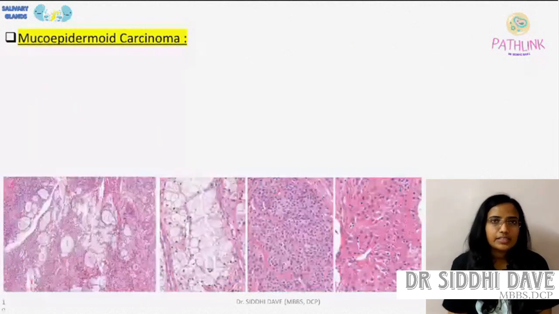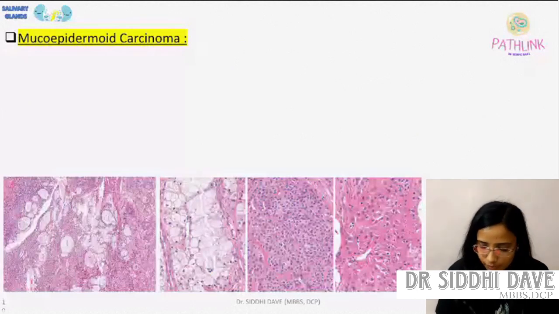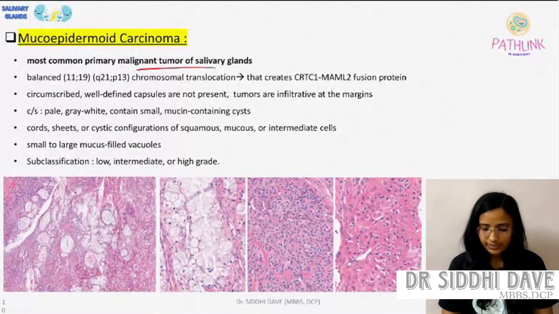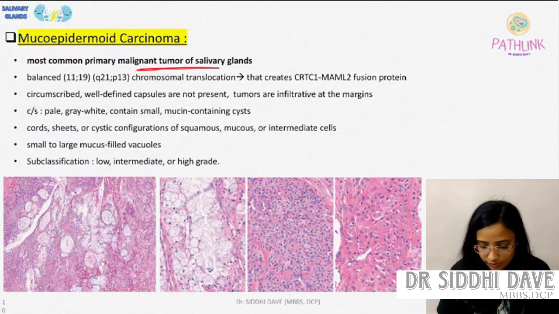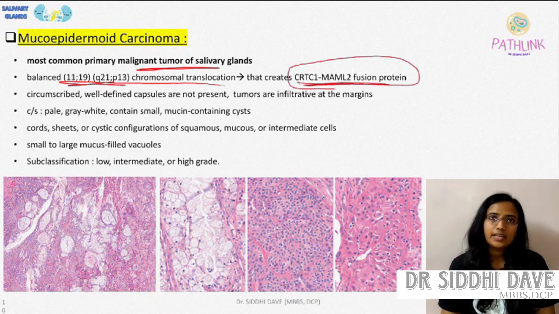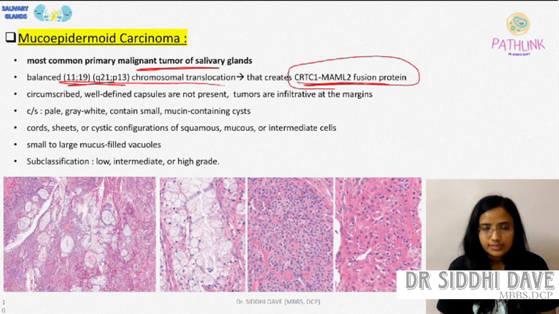The next one is mucoepidermoid carcinoma, the most common primary malignant tumor of the salivary gland. Here there is a chromosomal translocation t(11;19), which creates the fusion protein CRTC1-MAML2.